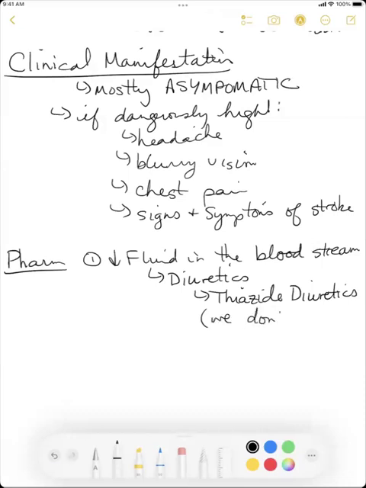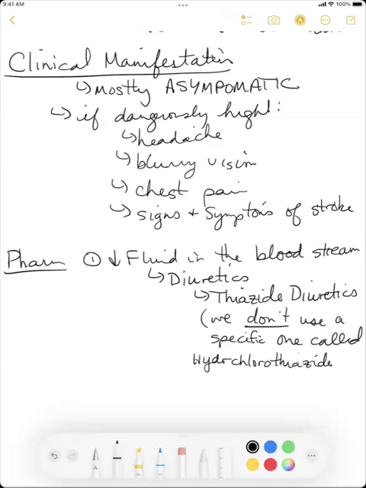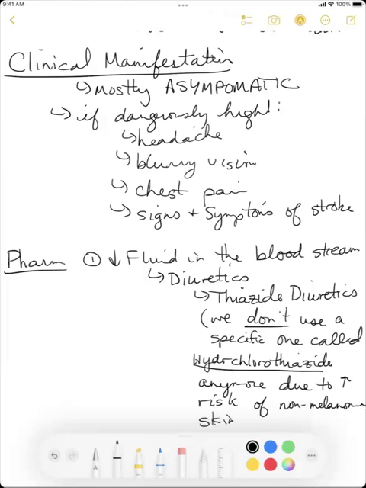I'm going to very specifically write this out. We don't use a specific one called hydrochlorothiazide anymore due to increased risk of non-melanoma skin cancer.